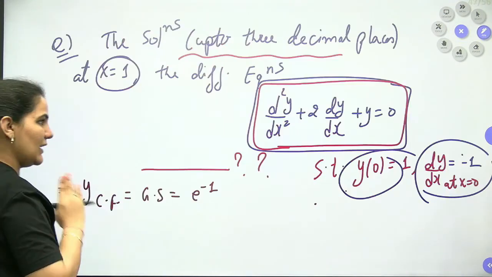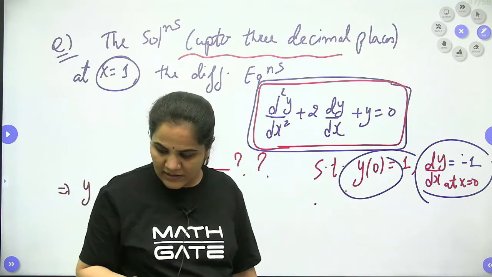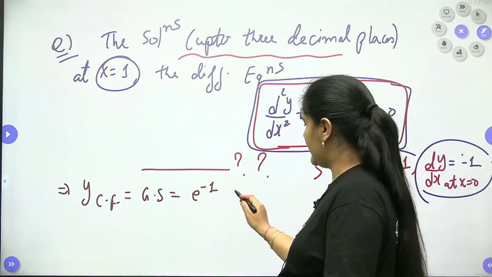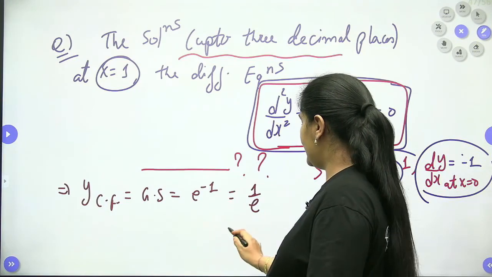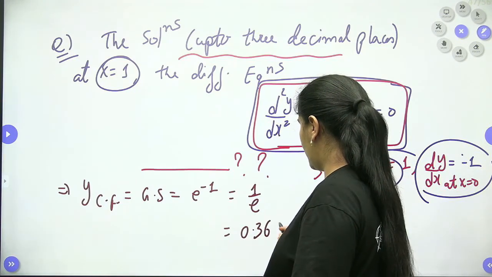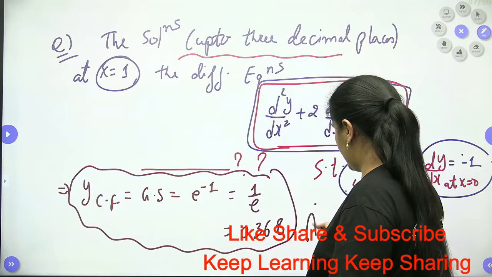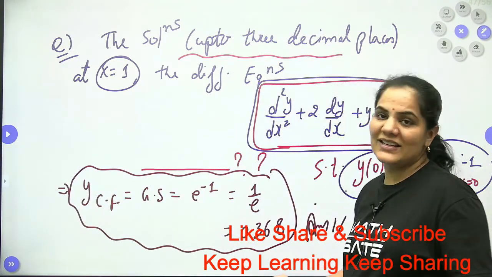We have to write the value of e to the power minus 1, which is 1 by e, and we know the value is 0.368. The final value of e to the power minus 1 will be 0.368.